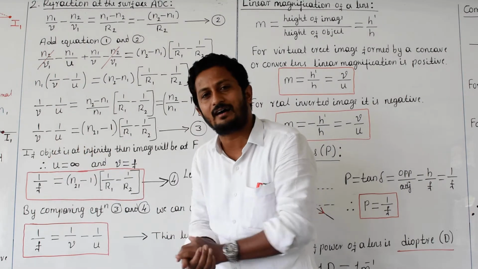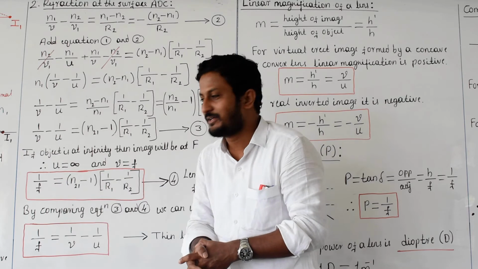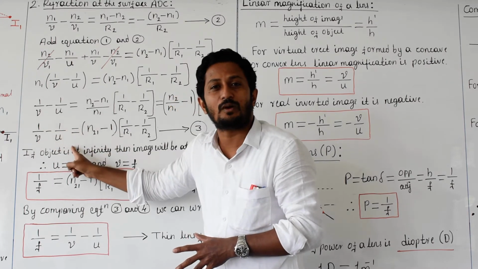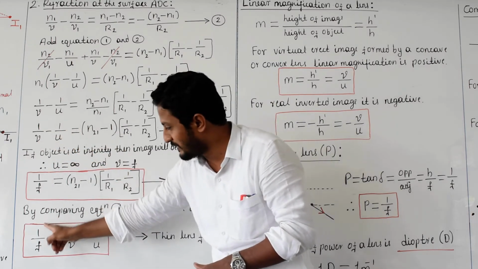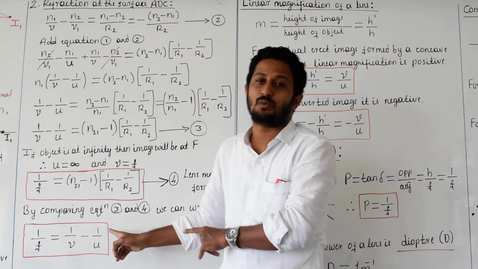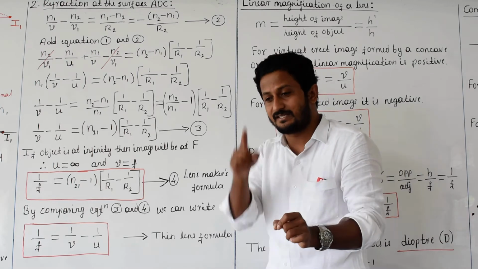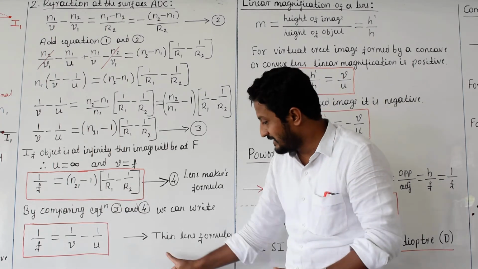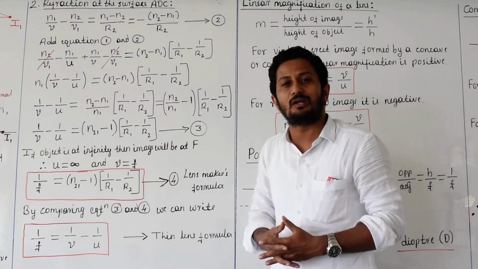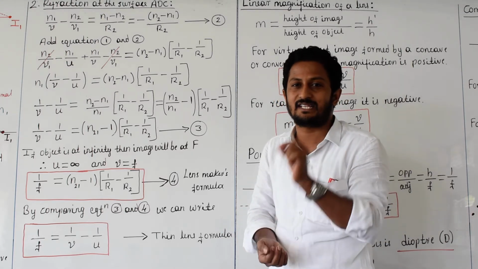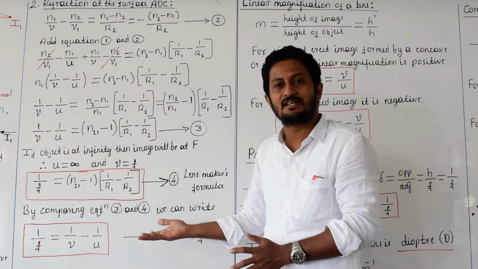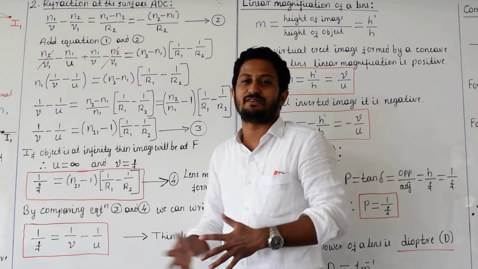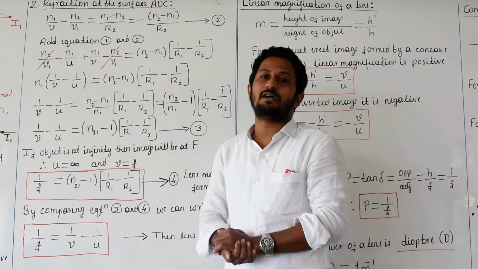Then you can consider 1 by f is equal to 1 by v minus 1 by u, which I have written here. There v is the image distance, u is the object distance and small f is the focal length. This we call the thin lens formula. For a thin lens we consider the focal length like this: 1 by f is equal to 1 by v minus 1 by u.